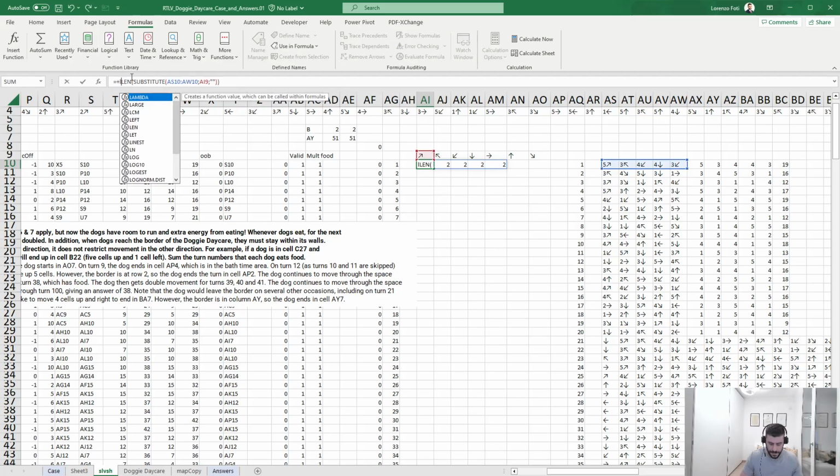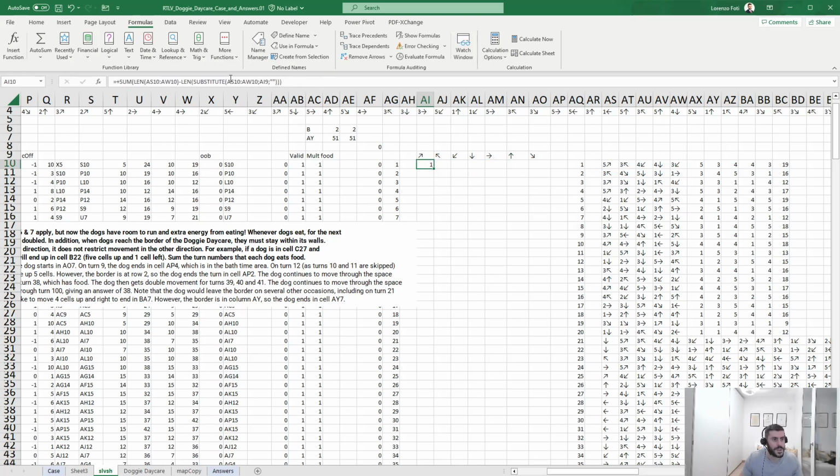It is the len of this minus the len of this, and I will sum, and I will lock columns, lock row. Okay, this works.